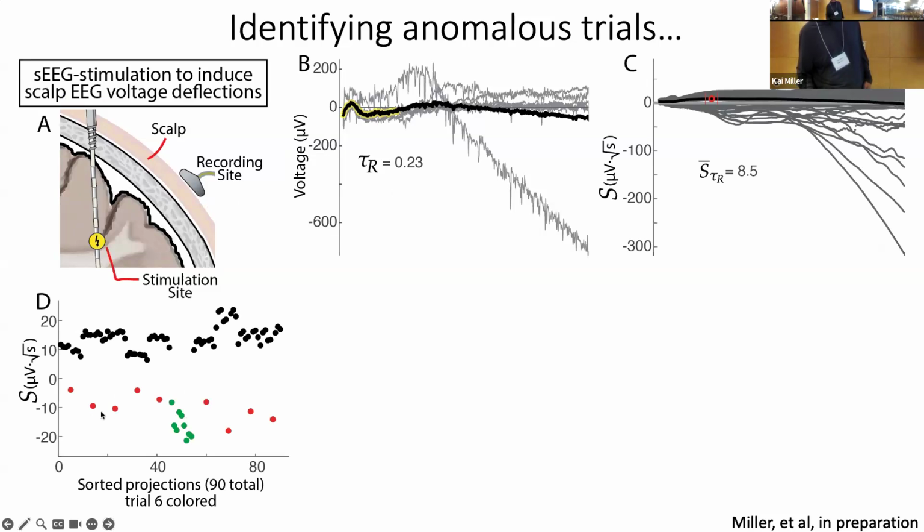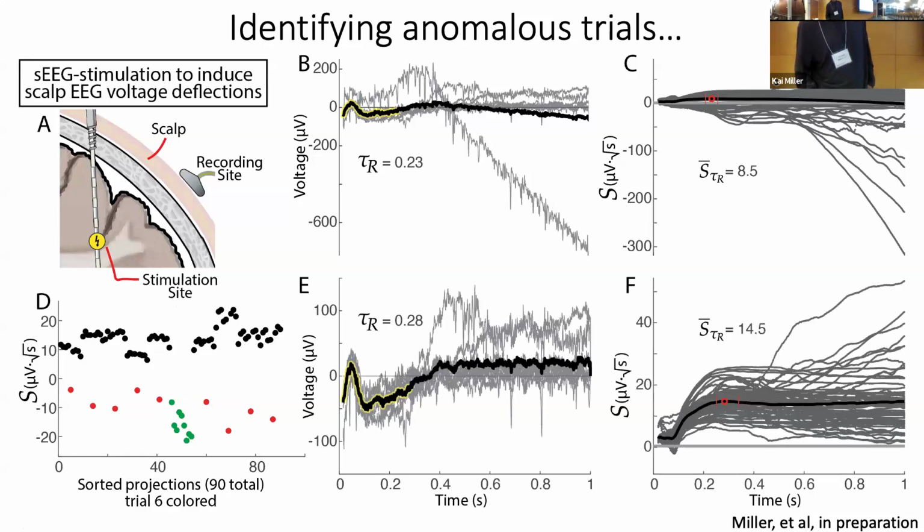When other trials were projected into it, that gives you the raw data, the red traces, the red dots. And when this anomalous trial was projected into the other trials, it gives you the green dots. So you immediately identify artifactual trials. You also identify the single trials that are most representative of the population statistic. And that would be this cloud of data here with whatever trial this corresponded to. Okay.